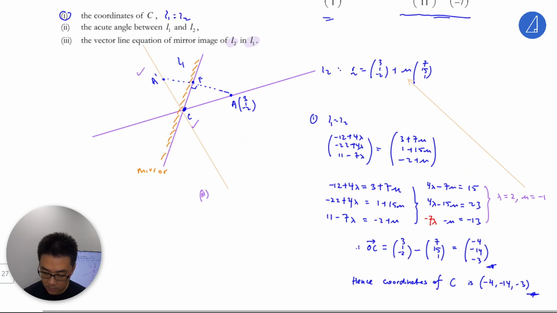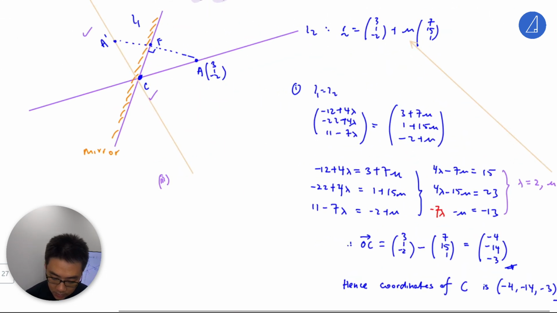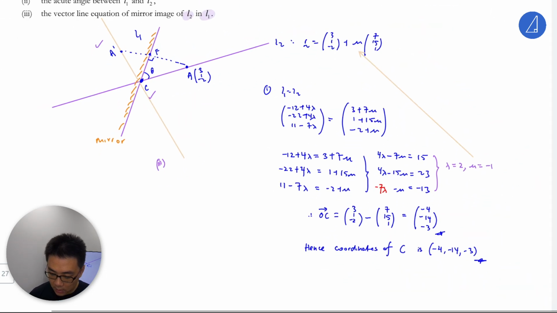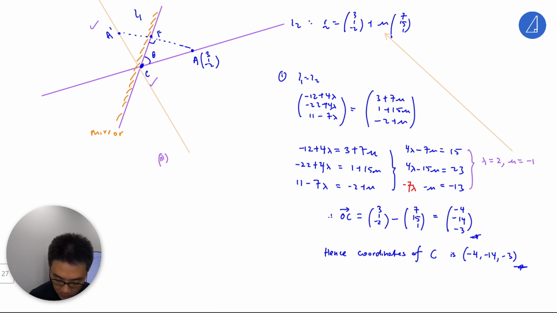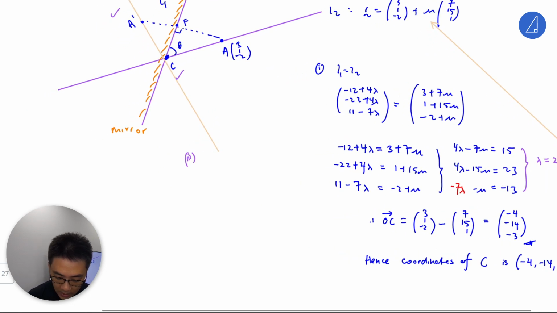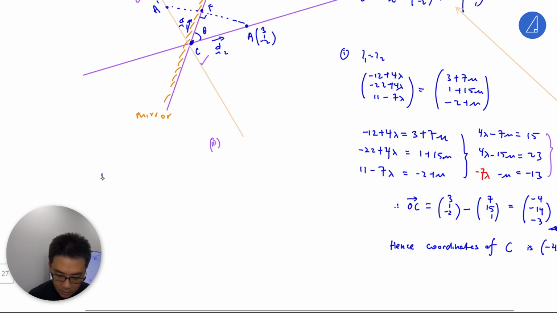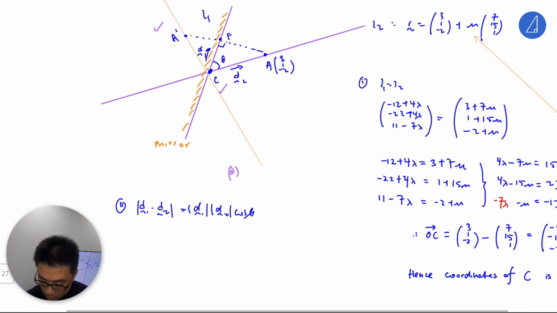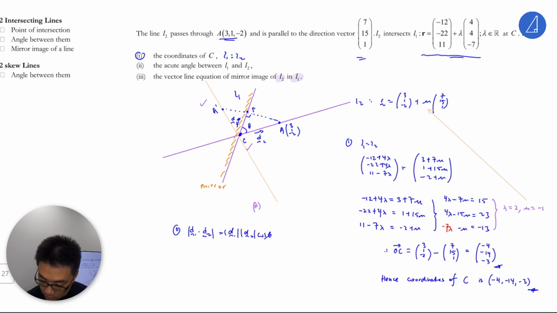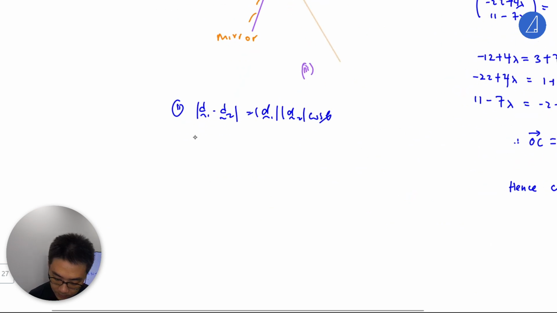We all know to just use the dot product. For the angle between two lines, you use D1 and D2, then you just dot them. I'm not going to do this, I think you just do this quickly. So D1 dot D2. D1 is (4, 4, -7).